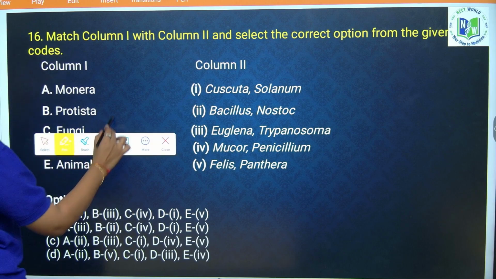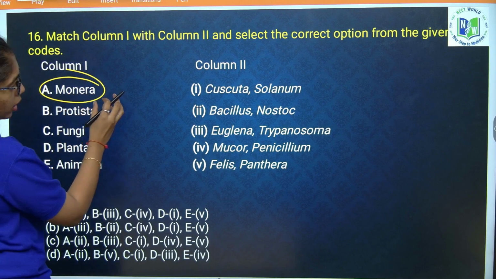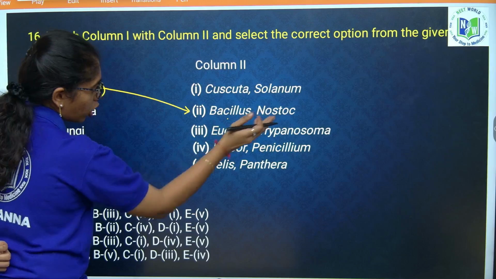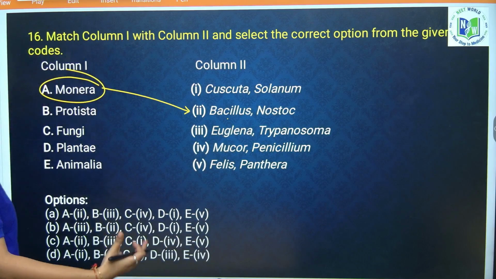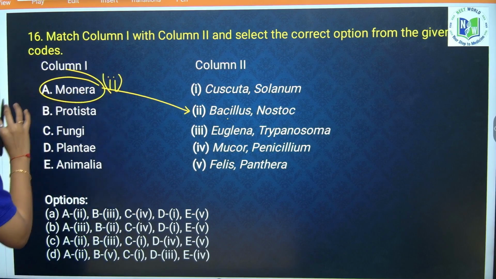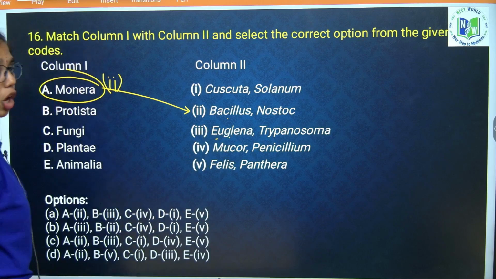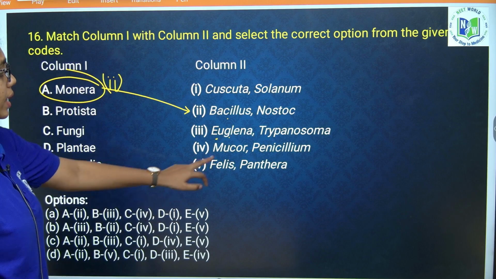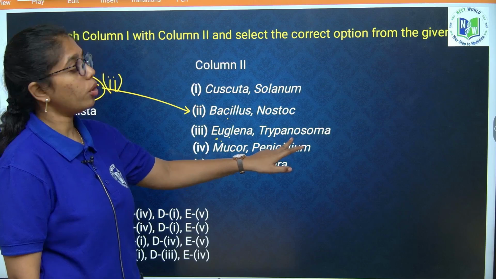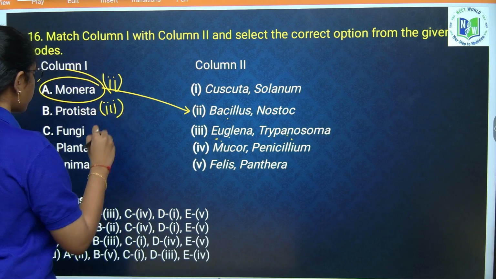Match column 1 and column 2 and select the correct option for the given codes. Monera includes Bacillus and Nostoc, where Bacillus is a rod bacterium, Nostoc is a blue-green alga belonging to Cyanobacteria, which is option 2. Next, Protista: Euglena and Trypanosoma. Euglena belongs to chrysophytes, which conducts mixotrophic nutrition. Trypanosoma is a flagellated protozoan, belongs to Protista. So this is option 3.